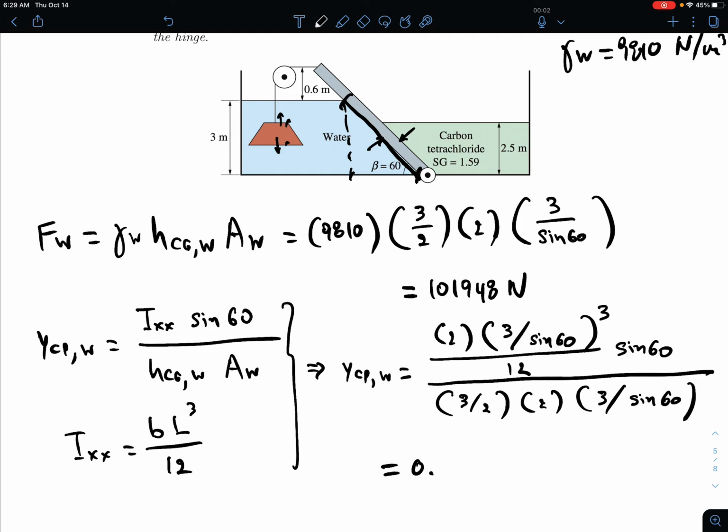So with some calculations, we end up with 0.77 meters. Now, this basically covers everything for the pressure force on the water side.